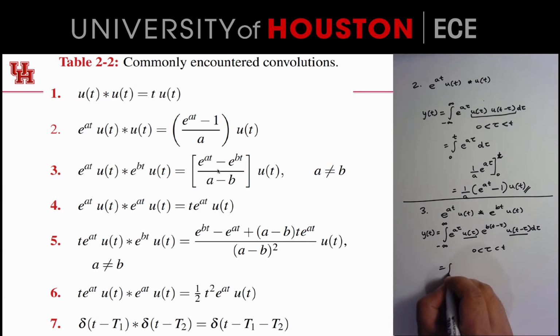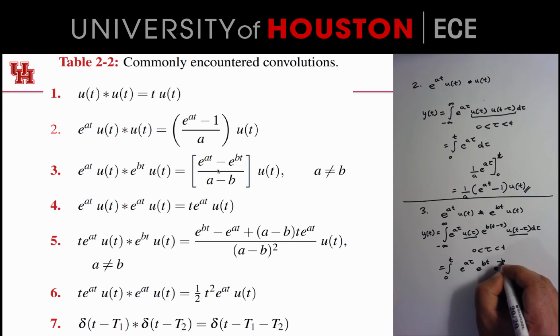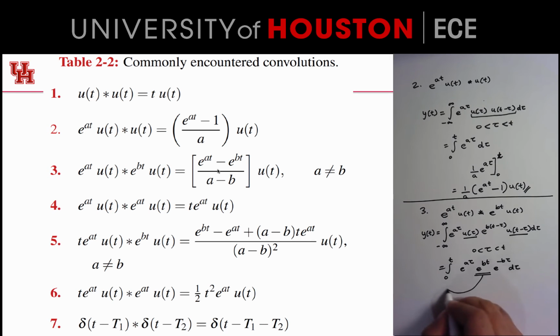So this whole integral becomes, from 0 to t, e to the a tau, e to the bt, and e to the minus b tau, d tau. Now this e to the bt can come out of the integral because we are integrating with respect to tau, not t. So it's a constant.